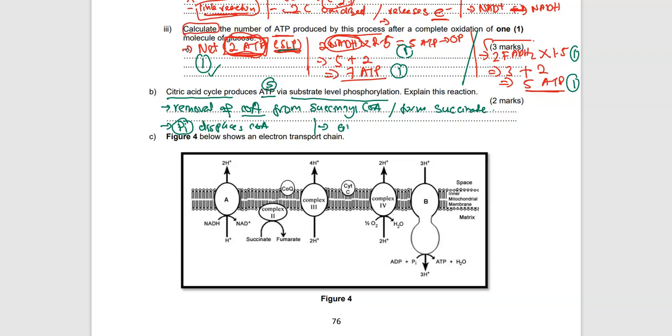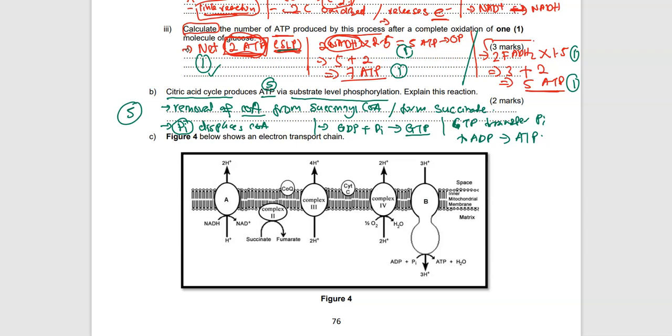So GDP will receive the inorganic phosphate to form GTP, and this GTP molecule will transfer its phosphate group to ADP to form an ATP molecule. So basically these are the events that occur during step 5 of the citric acid cycle.